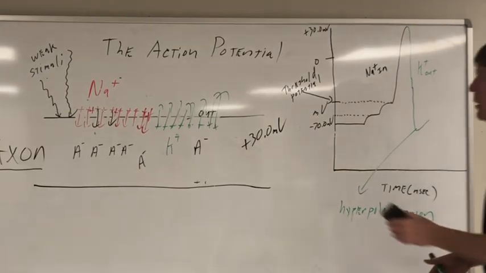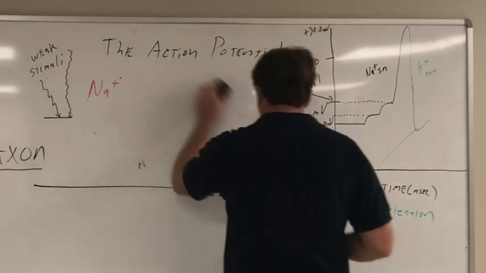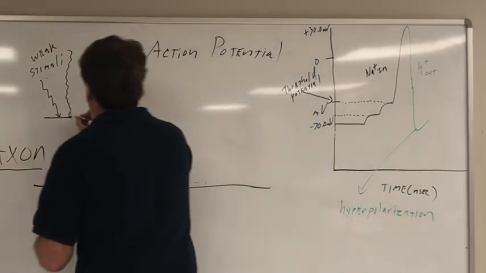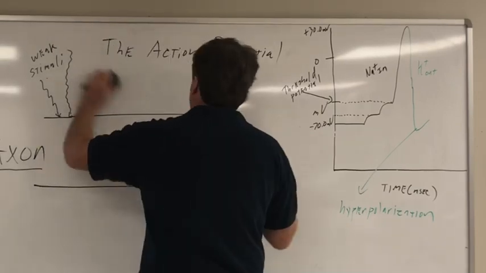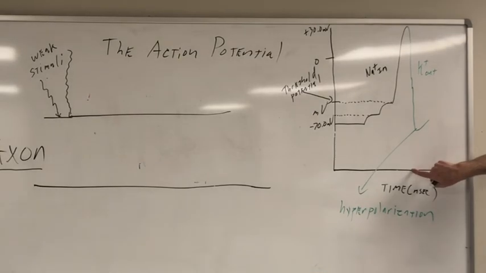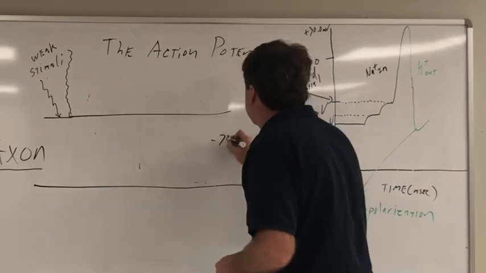Let's take a look here. Let's go back to our axon. And here's where we are now, right here at this exact moment in time. We're at about negative, let's say negative 73 now.